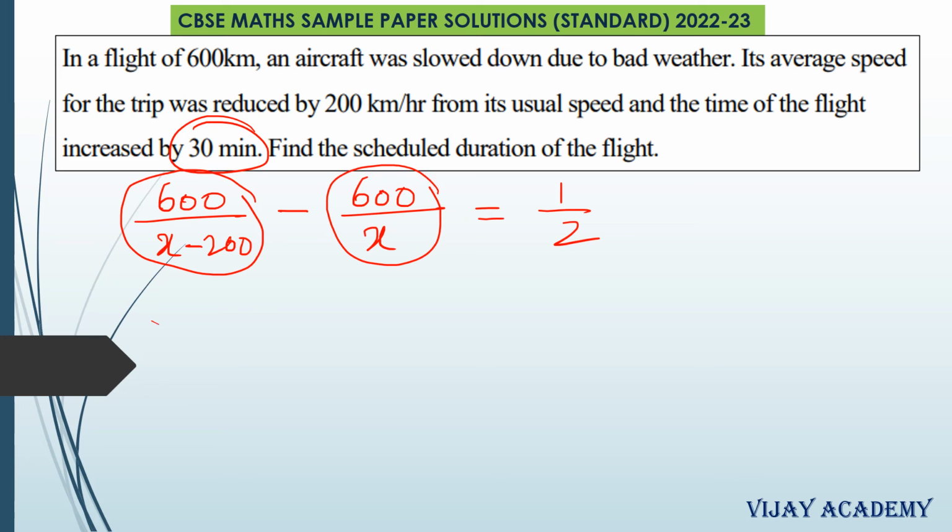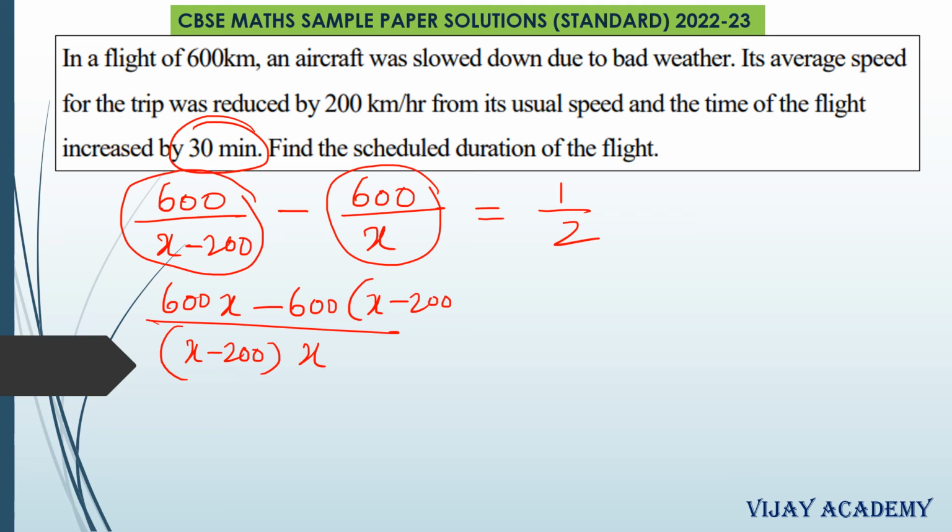Let us simplify this. We take the LCM of the denominators, x minus 200 into x, and rewrite the numerators. We get 600 into x minus 600 times x minus 200, which is equal to 1 by 2.